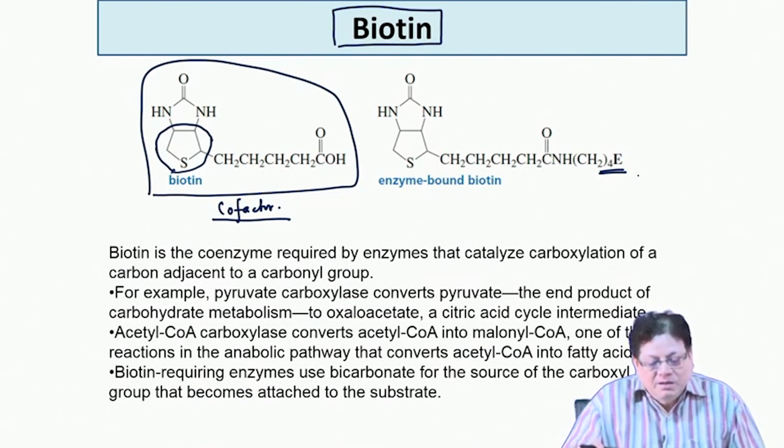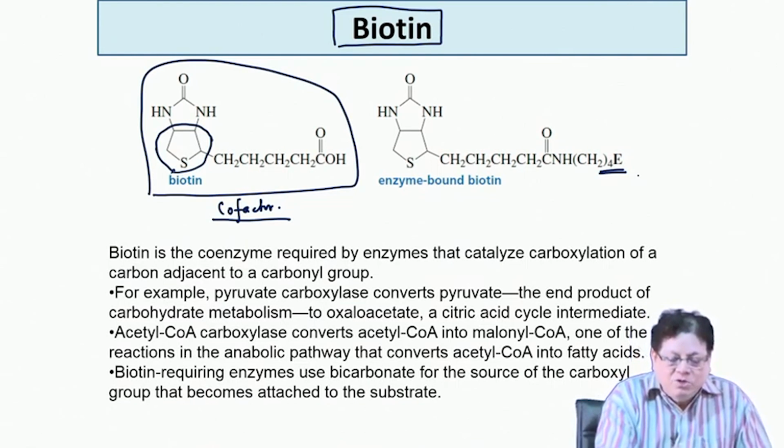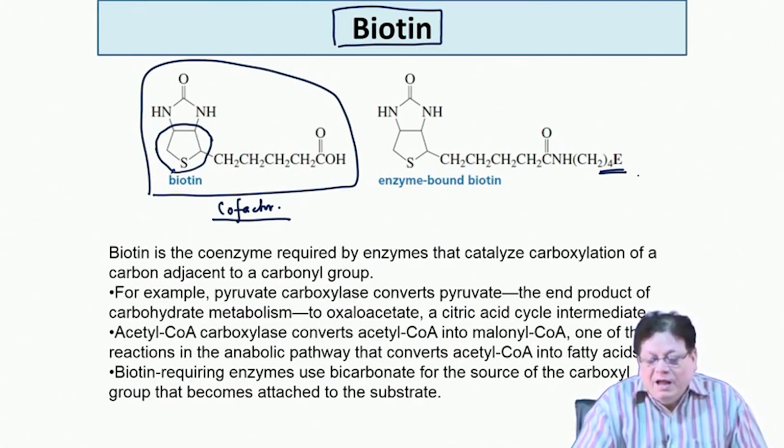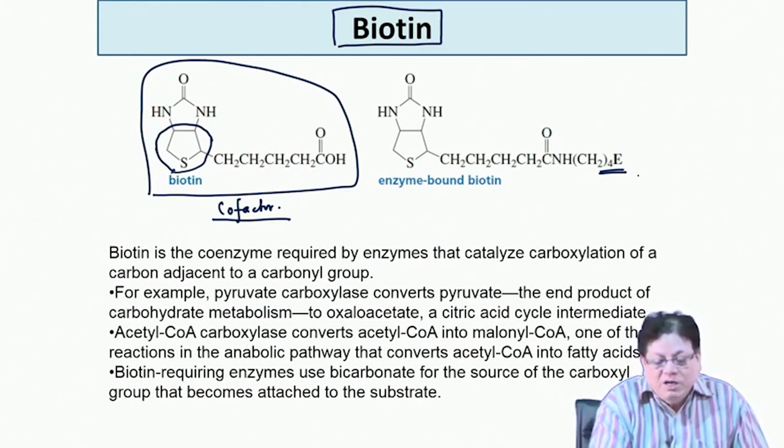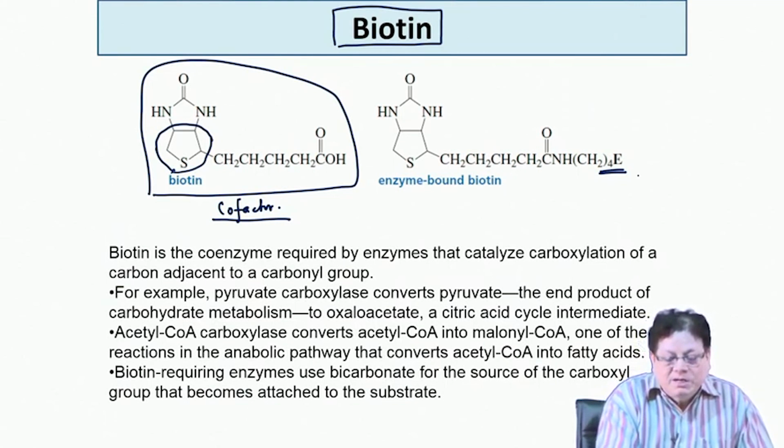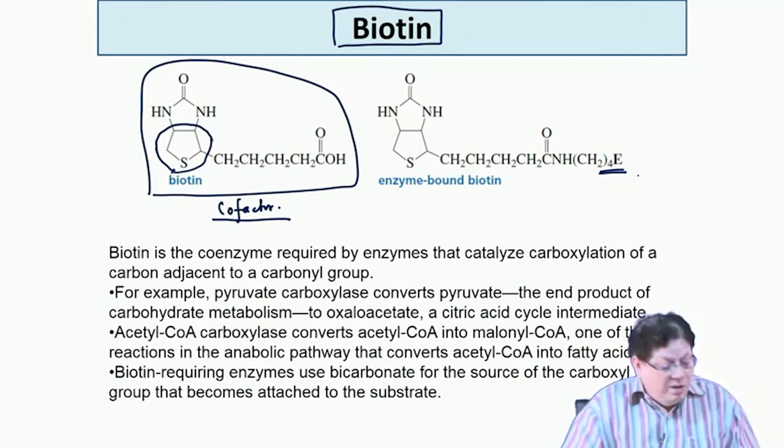If given from outside, it will be attached to the enzyme via a lysine moiety: the carboxyl forms an amide bond to the lysine, and this is called a prosthetic group. So this is the enzyme-bound biotin.